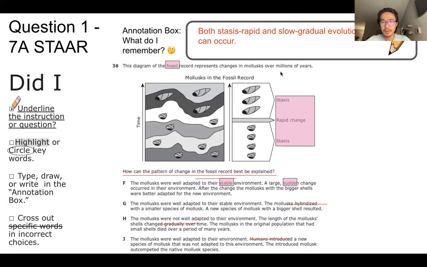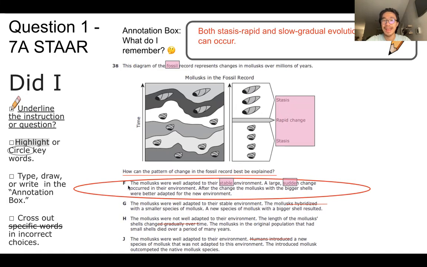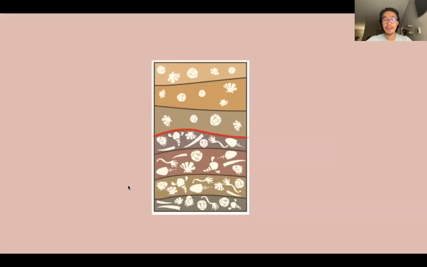In fact, many million years ago, modern day humans might not have been around. So we know based on stasis and rapid change, that stasis, rapid change is being shown here because we see stasis, rapid change, stasis. We call that punctuated equilibrium. So that tells us it was stable and then suddenly it changed and then it was stable again. So we have F.